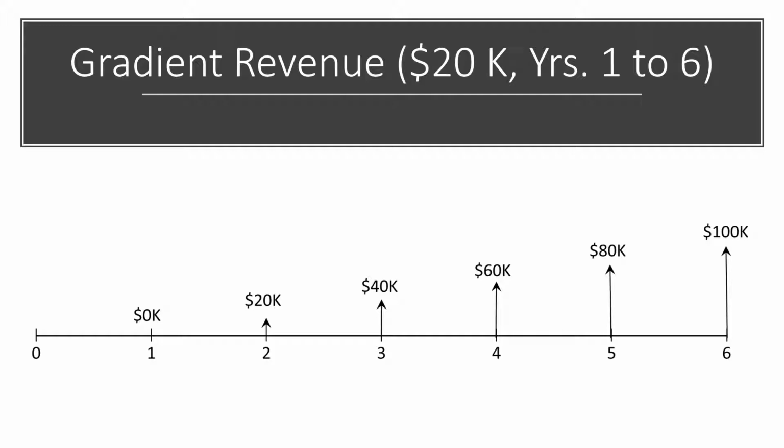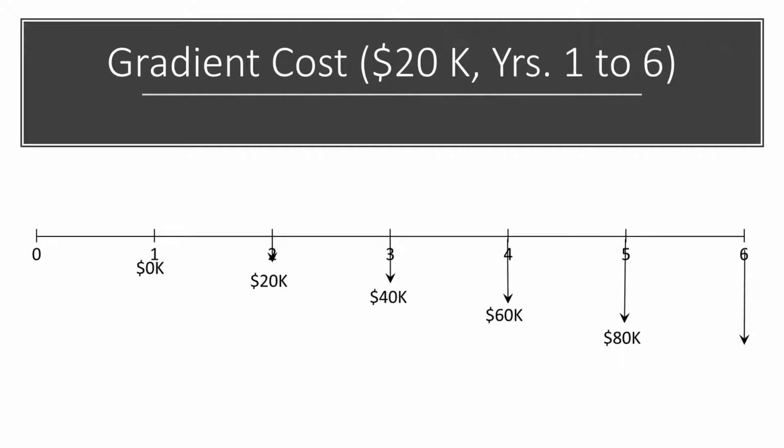Year 3 increased by another 20, another 20 in year 4, another 20 in year 5, and finally another 20 in year 6. So it's a revenue that's increasing over time. This could also be, and frequently is the case, maintenance, which increases over time. So you may have a gradient cost with downward arrows.